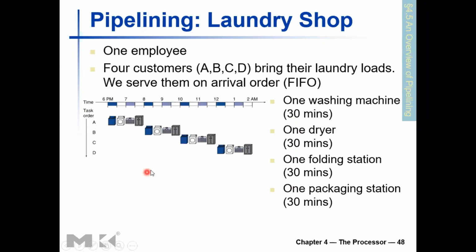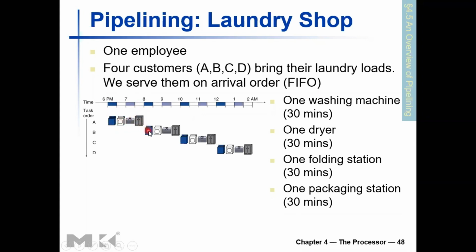That is our assumption. So in this chart, you can see that the washing takes 30 minutes from 6 p.m. for the first customer. Then the drying takes another 30 minutes. So it's 7 p.m. already. And the ironing and folding, another 30 minutes. Packaging, another 30 minutes. So it's 8 p.m. by the time the laundry load of the first customer is done.